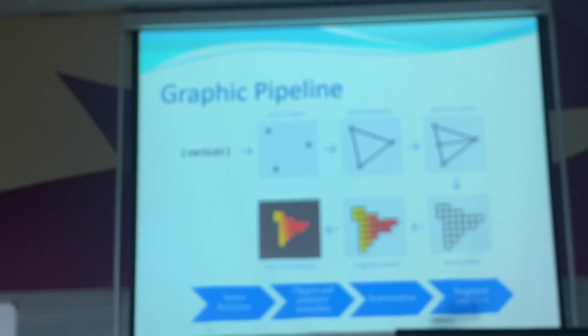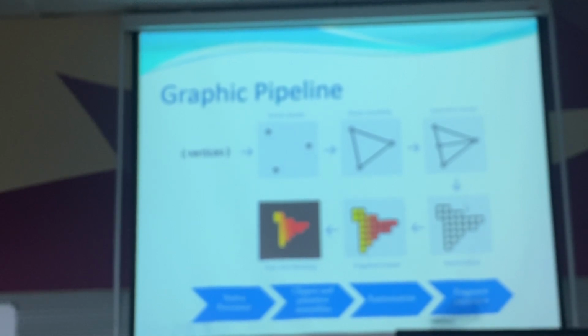Okay, this one is the summary. You can see it starts with vertex, dot, dot, dot. Point. Then primitive assembler connects them. The clipper removes the dots that are outside.